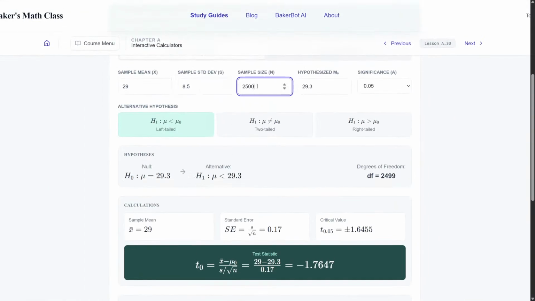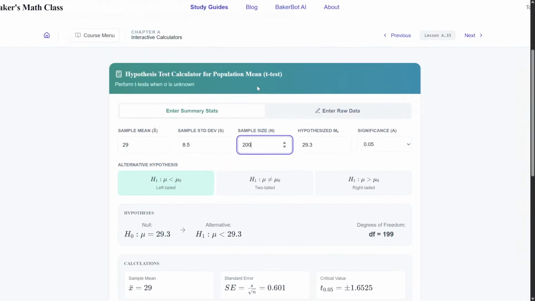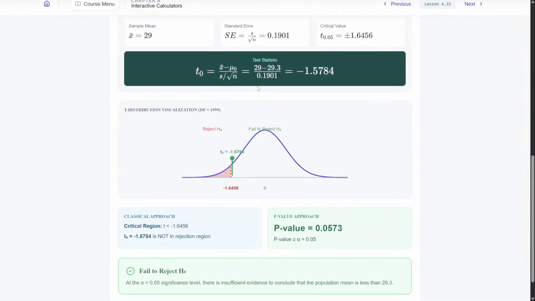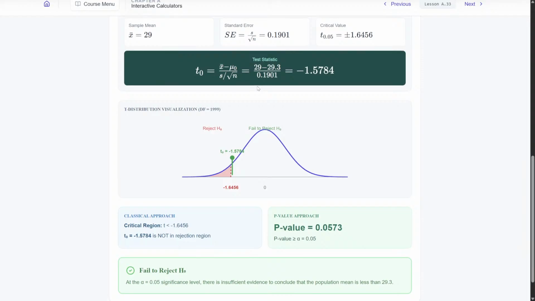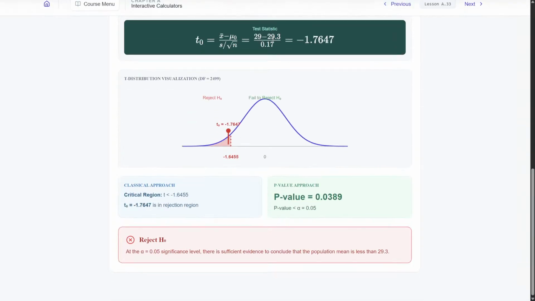If I had only done, say, 200 people, we didn't reject it. Even if I did 2,000 people, I wouldn't have rejected it. Because the sample size was so large at 2,500 people, it pushed it over into that reject, even though it really doesn't make that big of a difference.